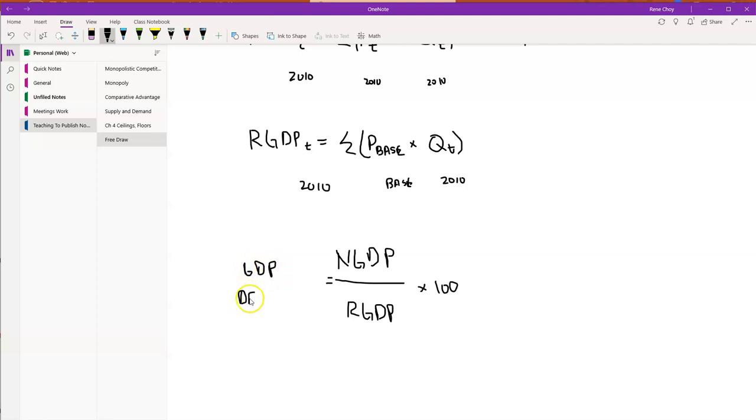The GDP deflator is the best metric that we have for inflation, but it's really not the best metric to follow all the time, because we only calculate nominal and real GDP once every quarter in the economy. So you only get 1, 2, 3, 4 GDP releases every year.